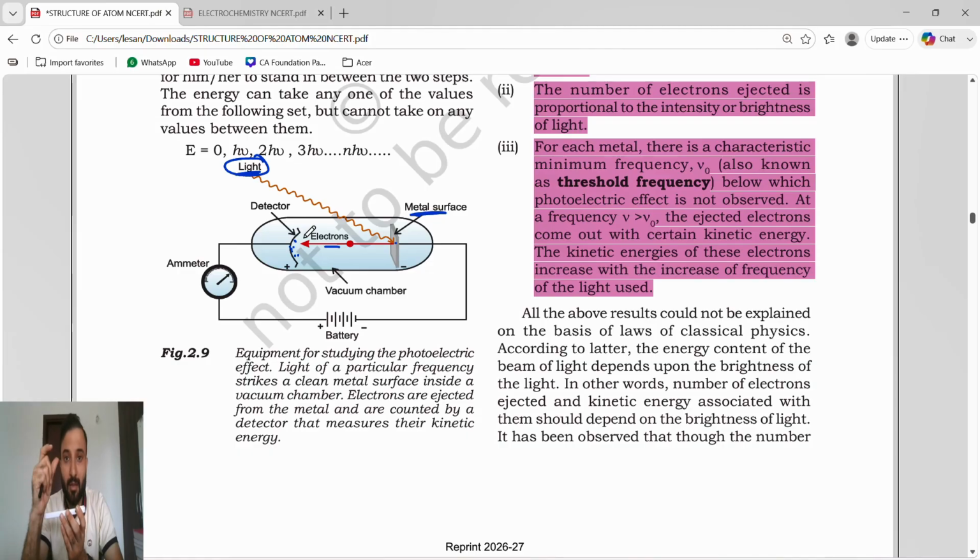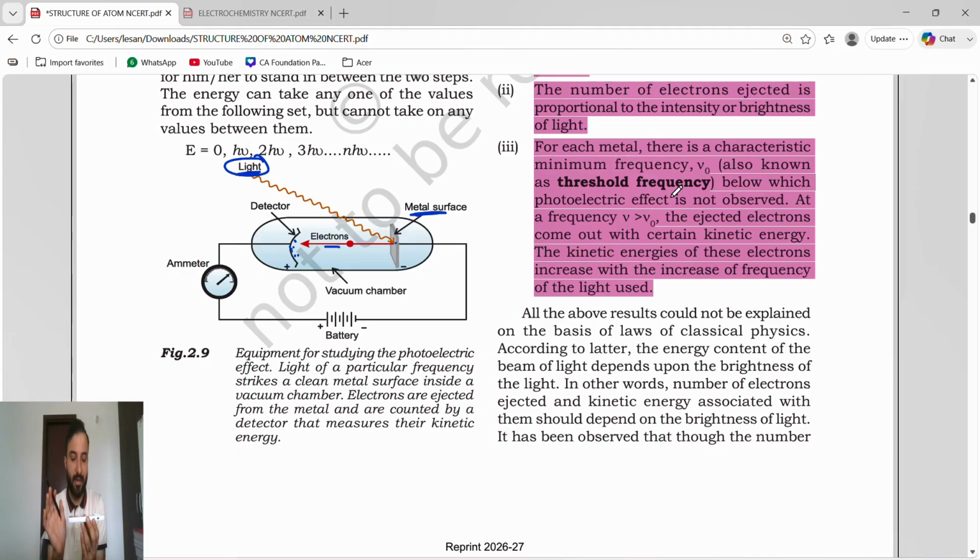So what I have to use is the threshold frequency. Threshold frequency means the minimum frequency, understand guys, very important, the minimum frequency required to remove the electron. Every electron has its own frequency to get out, just like every student has their own scolding frequency to get out of the class.